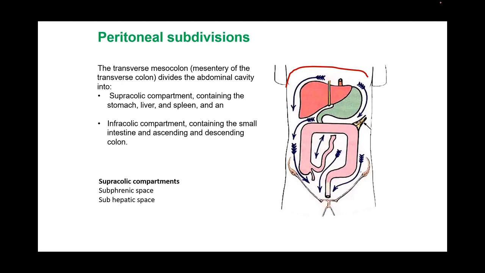The transverse mesocolon, if you remember, the mesentery of the transverse colon, divides the abdominal cavity into the supracolic compartment containing the stomach, liver, spleen, and the infracolic compartment containing the small intestine, ascending and descending colon. If you have the transverse colon here, this is the transverse mesocolon.